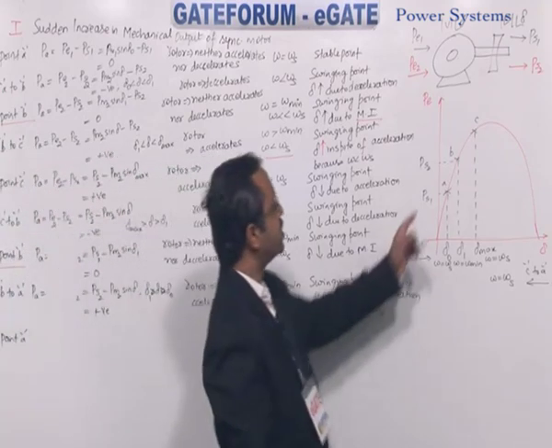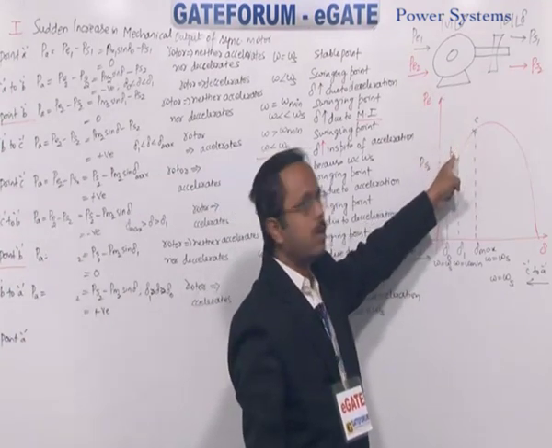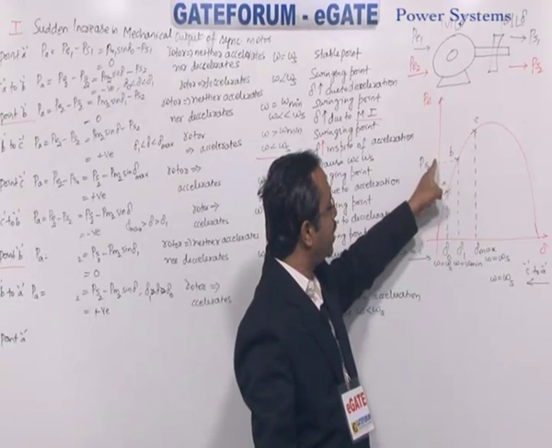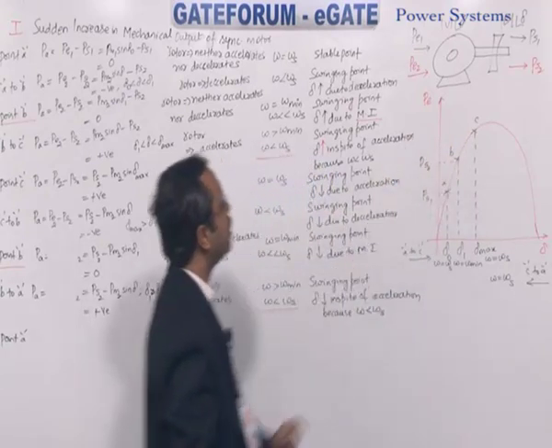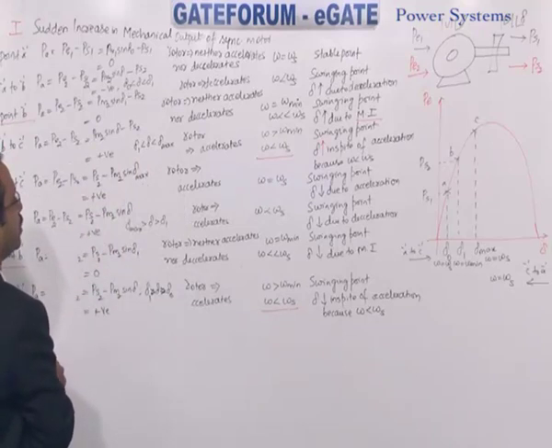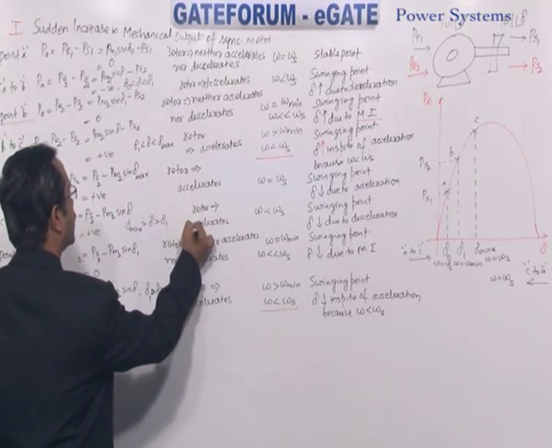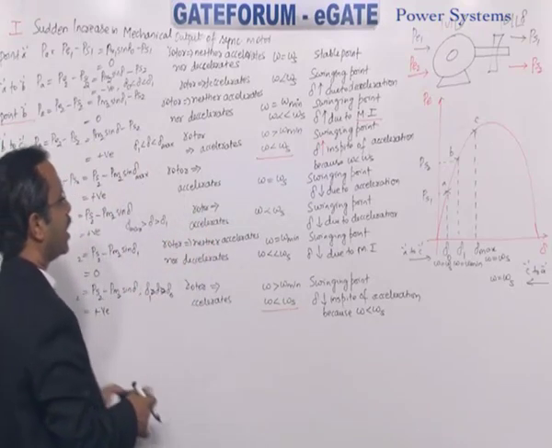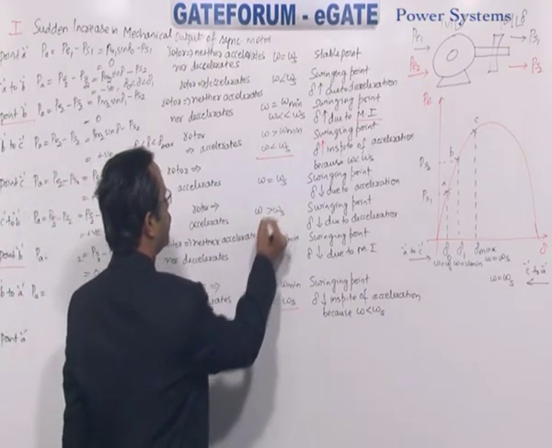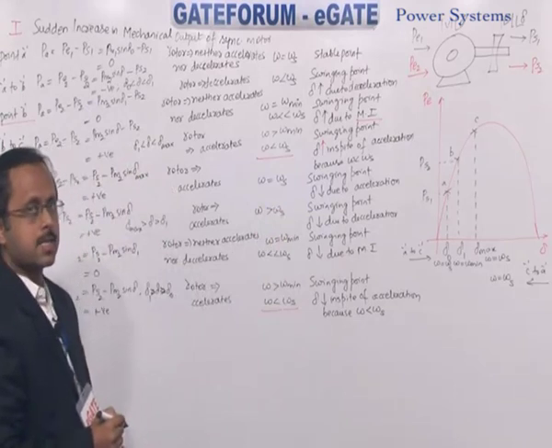You can check from C to B. We have the electrical input greater than mechanical output. So the difference is positive. So rotor accelerates. So last step omega equal to omega s. Now it will be greater than omega s.